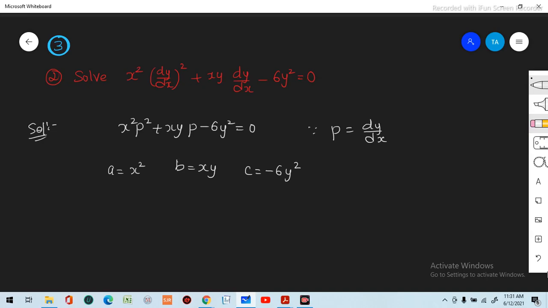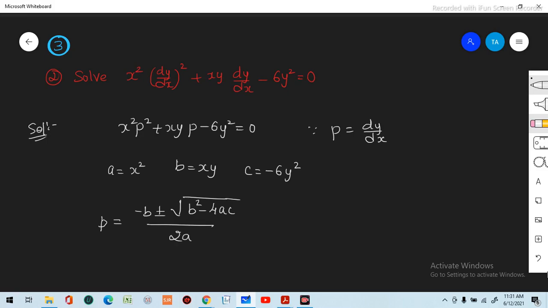Now the quadratic equation we are solving for p, so p is equal to minus b plus or minus square root of b square minus 4ac, divided by 2a.